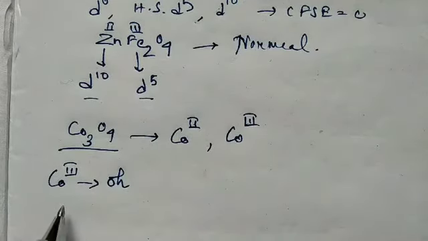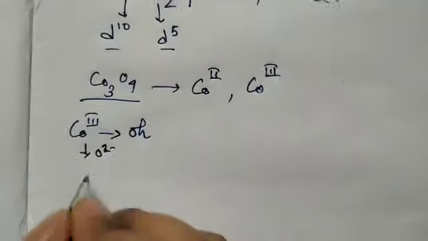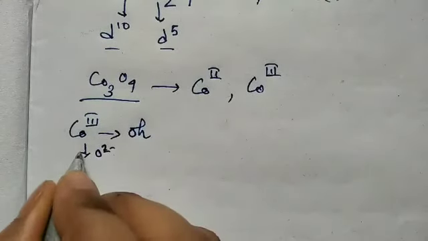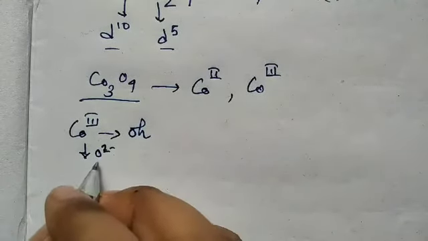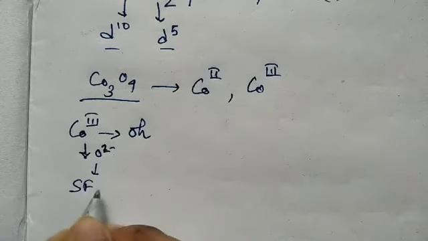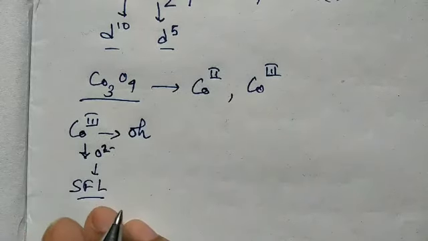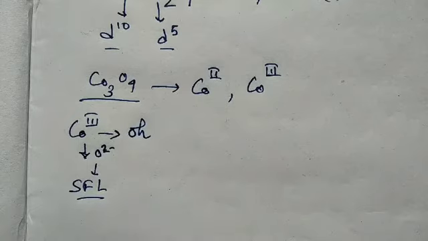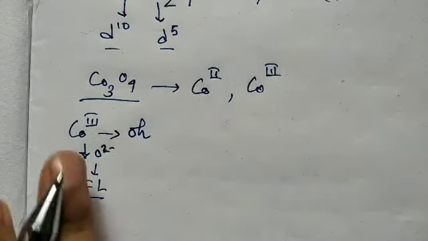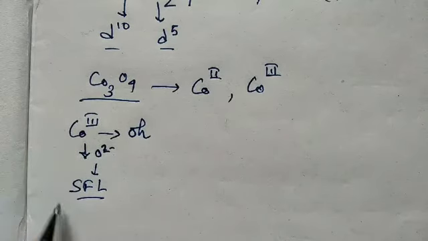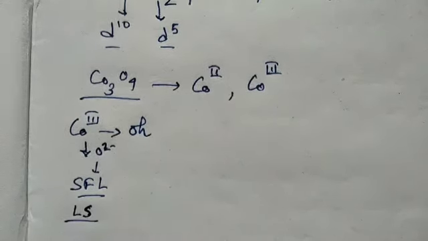Here the exception is that when cobalt 3 is attached to oxide anions, this ligand will act as a strong field ligand. In any other case, all will be high spin complexes, but only in the case of the cobalt 3 cation will it be a low spin complex. So this is the exception.